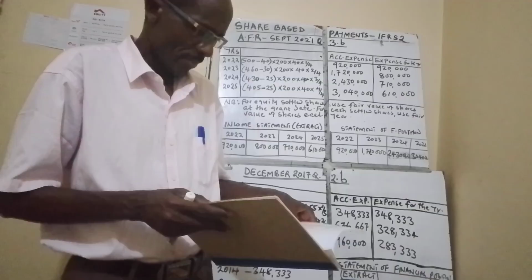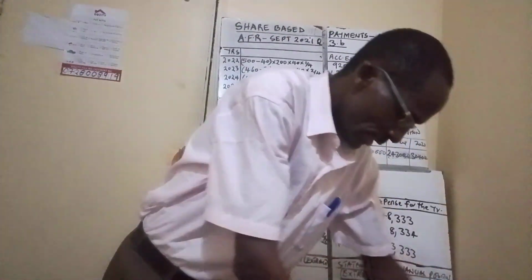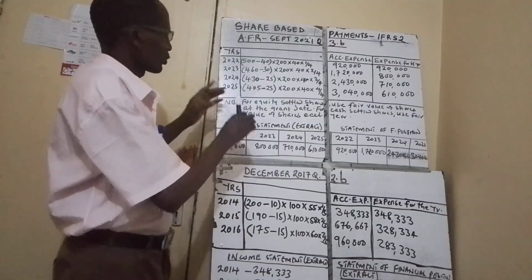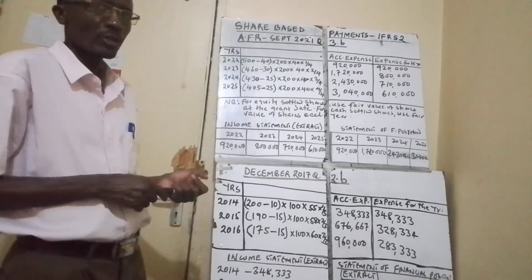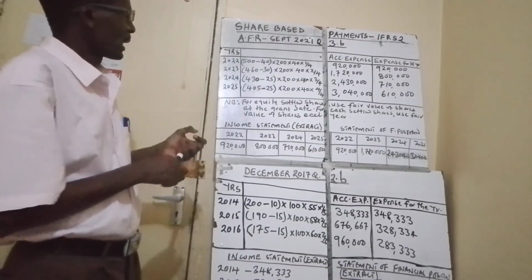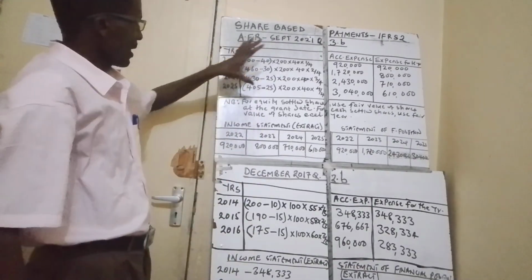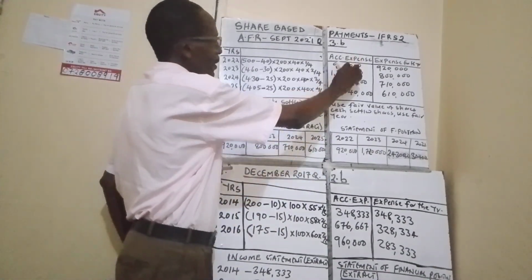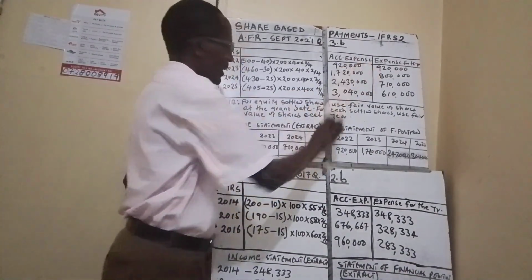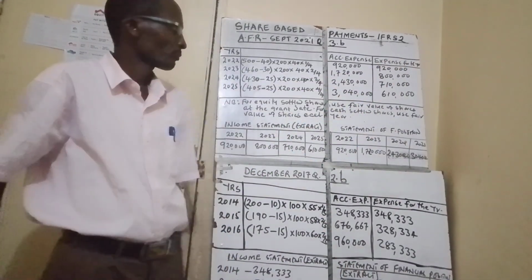Now let's take up an example as you see it here. Something that I want to remind you is that share-based payment is not a difficult area. Realize this, you will be having a column for the number of years, another column for your workings, another column for accrued expense, and the last column for expense for the year.